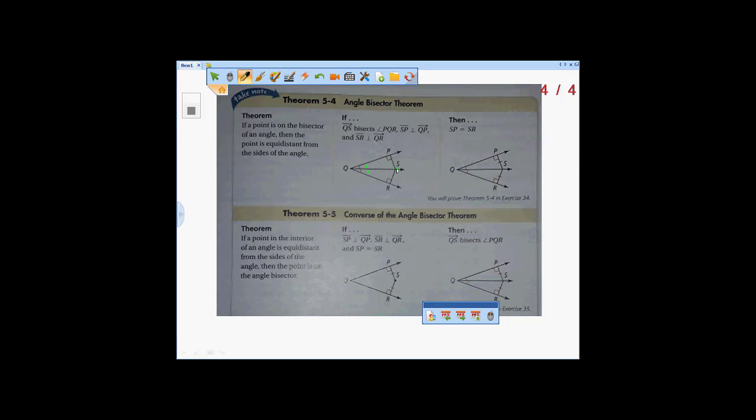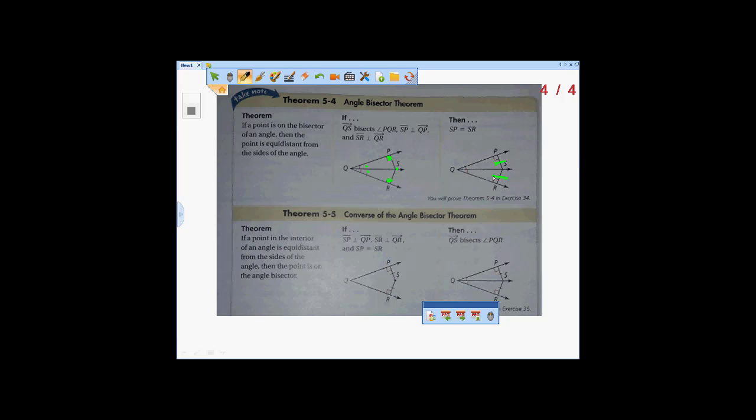This point is called S. This point is equidistant from the sides of the angle. It means the length of SP is equal to the length of SR, if SP is perpendicular to this side and SR is perpendicular to this side. So the length of SP is equal to the length of SR.